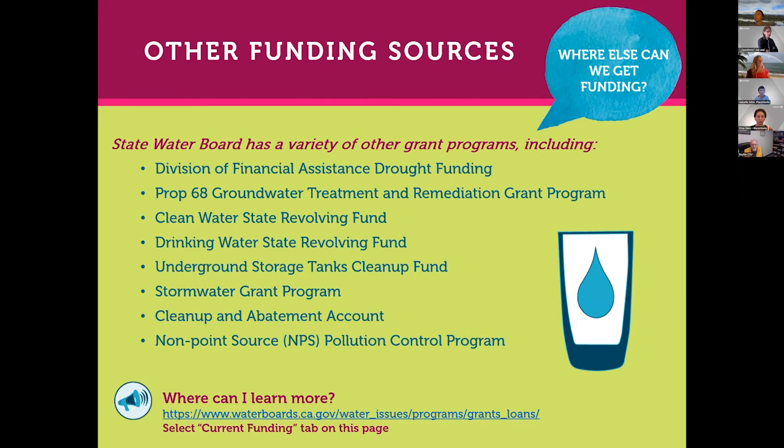There are a lot of funds oriented towards groundwater right now. The drinking water revolving fund we've talked about, underground storage tank cleanup funding, stormwater abatement, non-point source pollution control. And some of those funds, their eligibility criteria, or the eligible entities, vary.